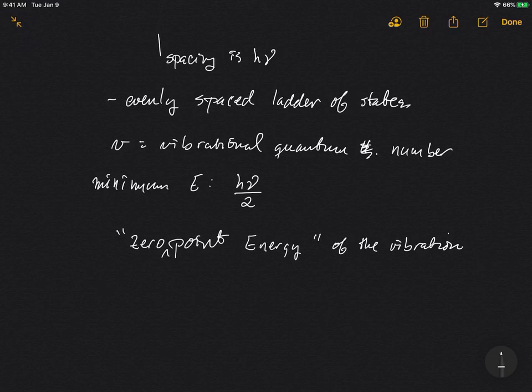And this is a known phenomenon. If you try to do classical simulations of molecules using the potentials, you can get some approximations of the behavior of, say, liquids or ideal gas molecules.